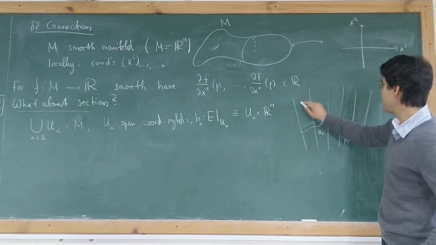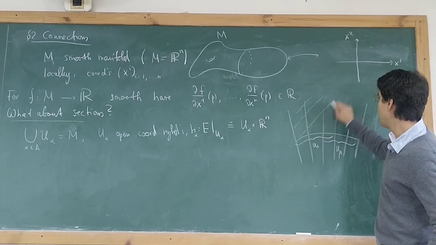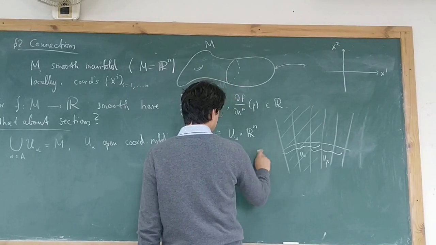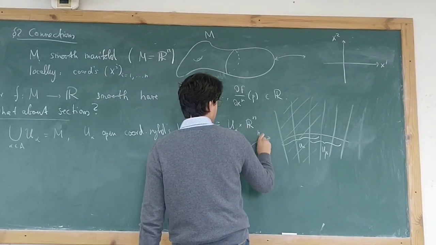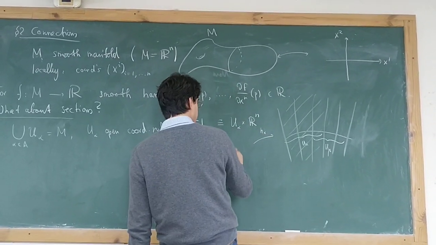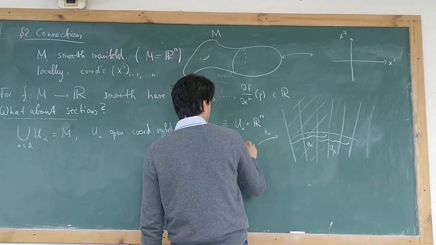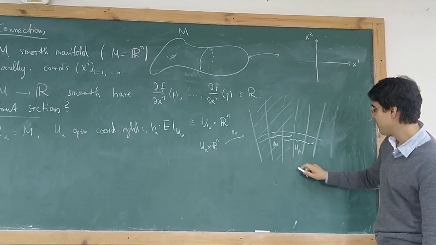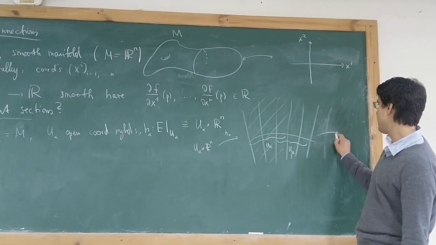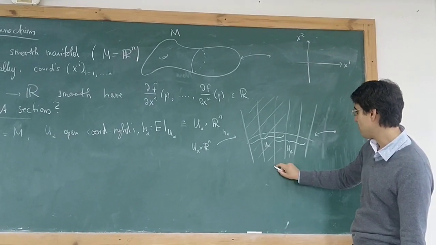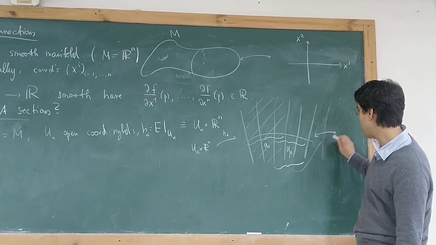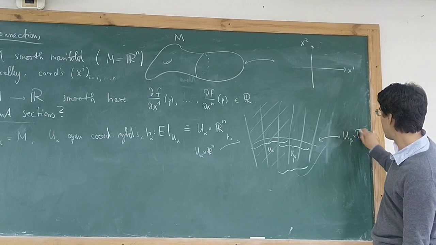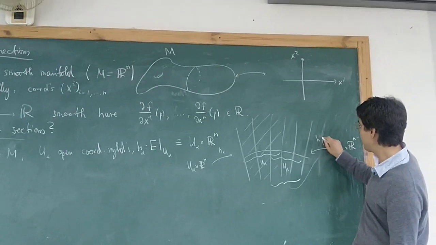And over this part here, you can identify your vector bundle using a trivialization H alpha with U alpha cross Rn. And on this part here, you can identify it. So this is, unfortunately, we don't have color. So this part is identified with U beta cross Rn in a possibly different way.